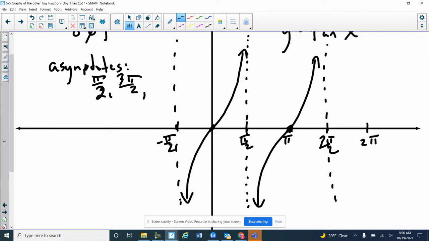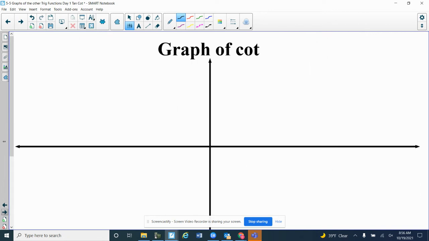Keep in mind that cotangent and tangent are reciprocals of each other. So how you could plug that into your calculator is you could take 1 divided by the tangent of whatever angle. For example, for the cotangent of 0, you would plug in 1 divided by the tangent of 0.